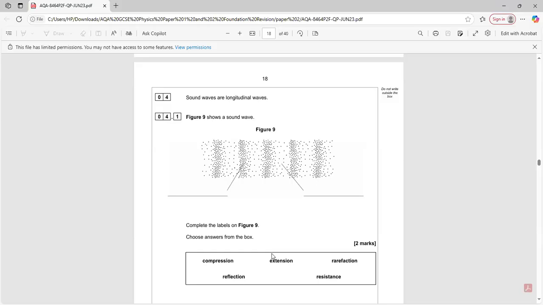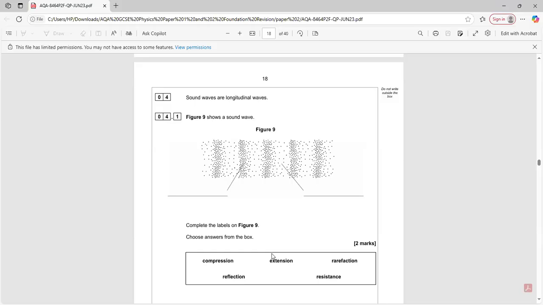The air in front of the speaker moves in the same direction as the vibration of the speaker. Have you seen animations like that before? Yes. Okay, all right.